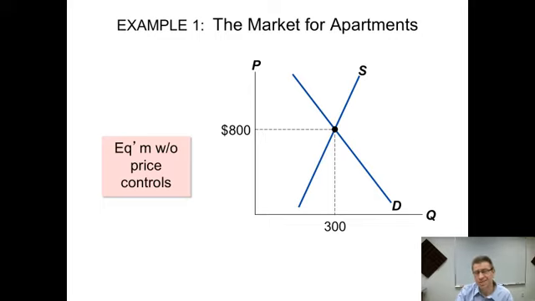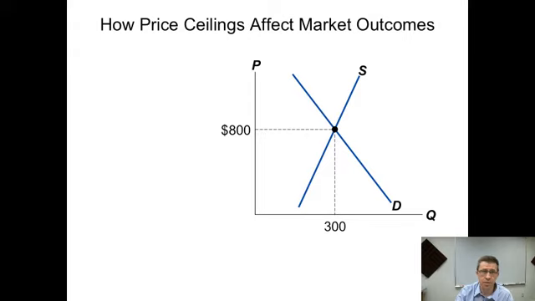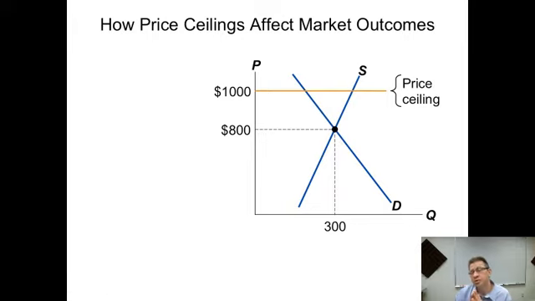What happens when price controls get put into place? Well, what happens if the government puts in a $1,000 price ceiling? Take a moment, and I want you to try to figure out how this would affect the market. Why don't you go ahead and pause it just for a moment.